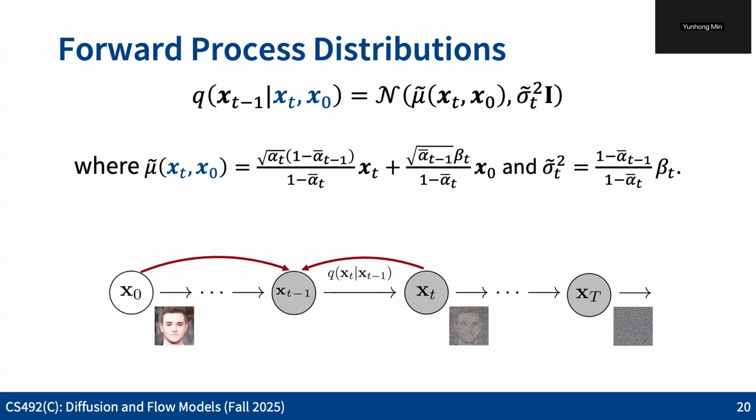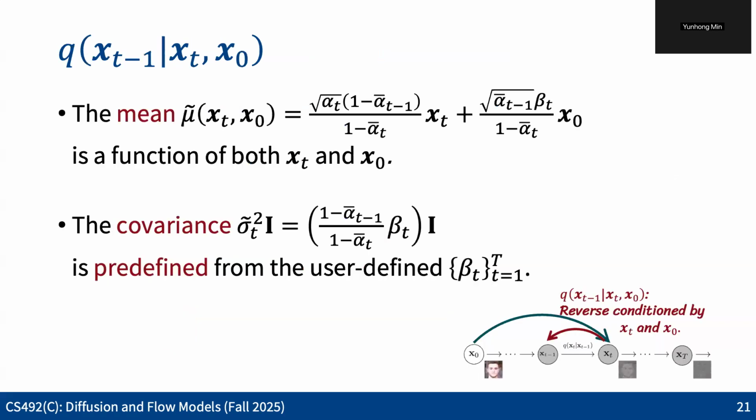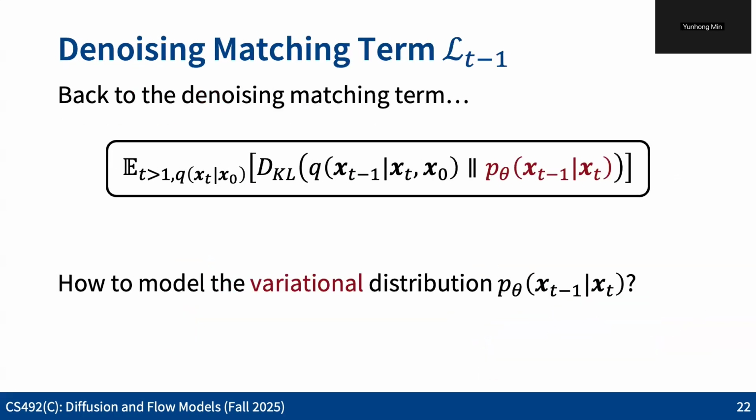This was the distribution that we wanted to match using the reverse diffusion distribution, right? So in terms of minimizing this loss function, the question is how we are going to model this reverse diffusion distribution in a way to minimize the KL divergence with the probability distribution. Then how should we model this?